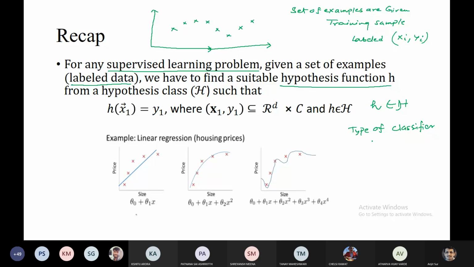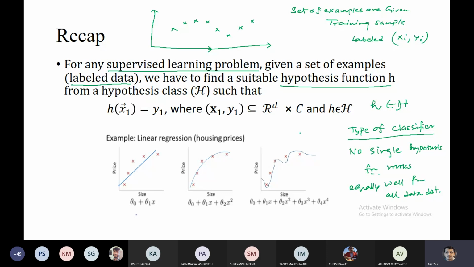It is not the case that a single hypothesis function works equally well for all data or data distributions.